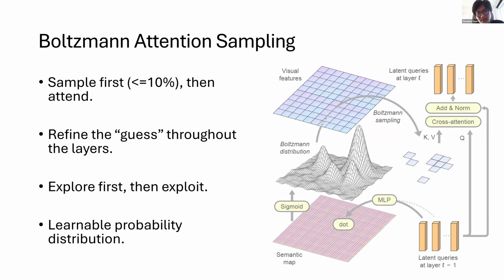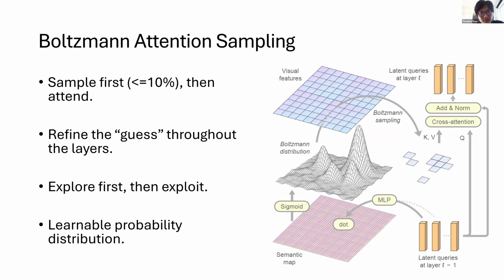The rest is exactly the same as a normal cross attention. Some latent query vectors will cross attend to these sampled patches, update themselves, and go to the next layer. The next layer will be another set of updated query vectors.